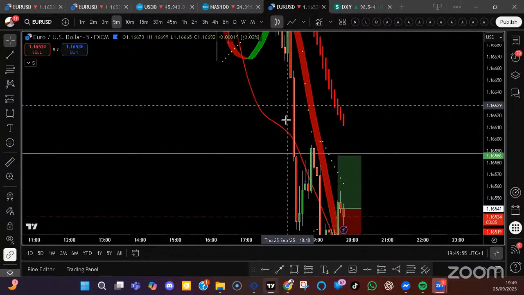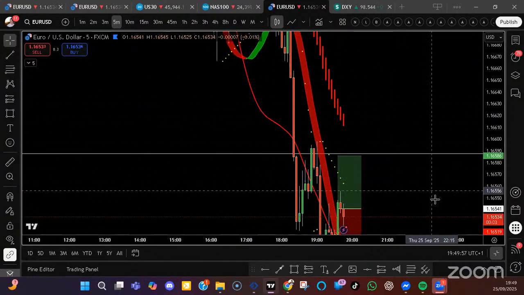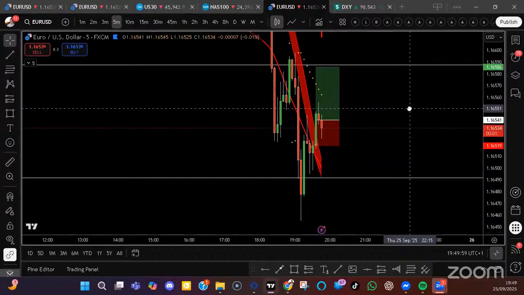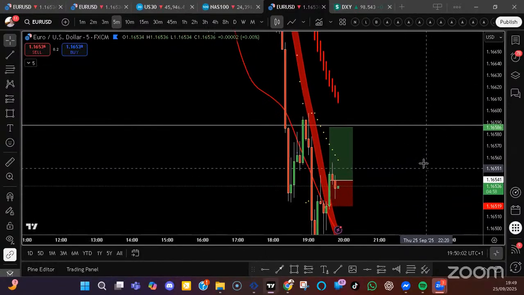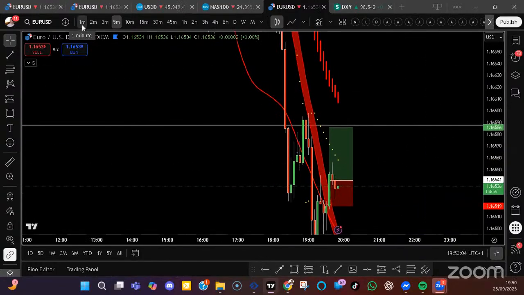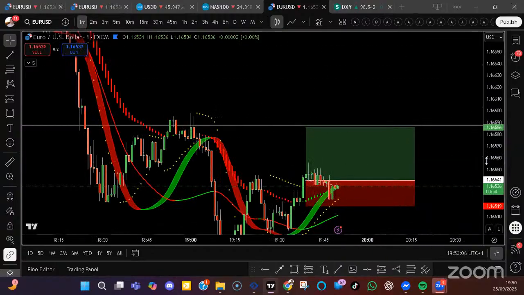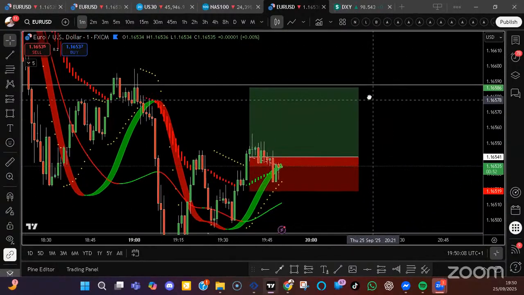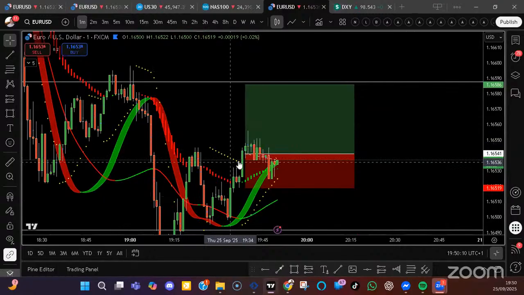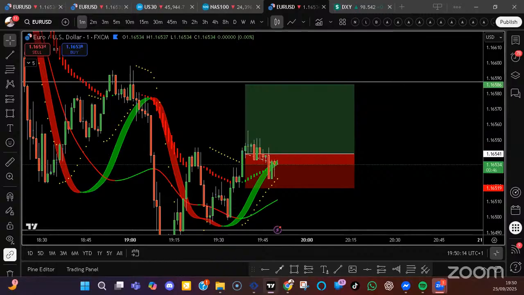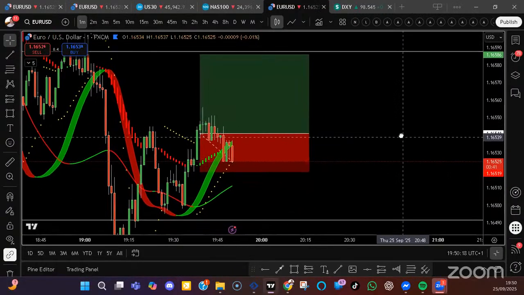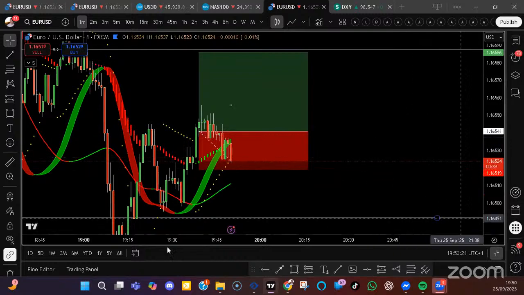We have got a nice bit of imbalance up there. But like you say, it's EUR USD at this time of night, it might be going bye-byes. We'll keep it on there anyway and see what happens.